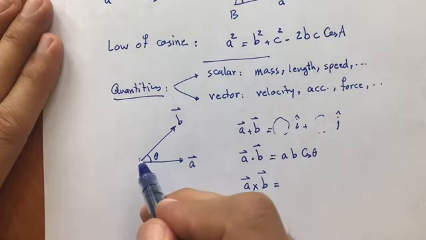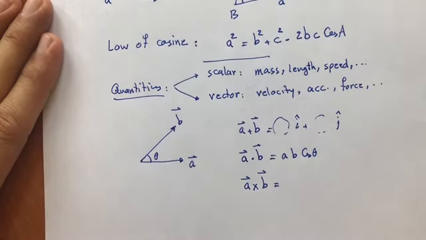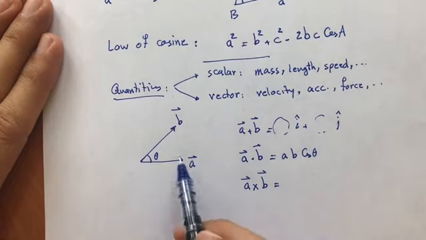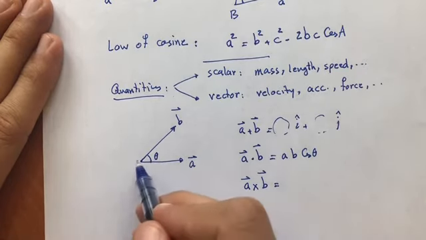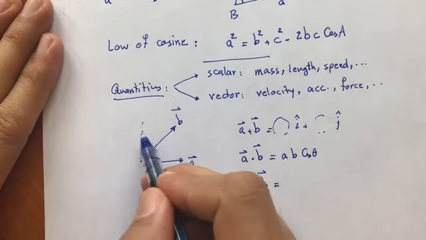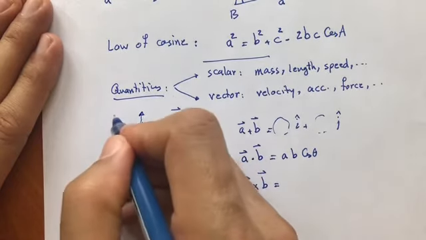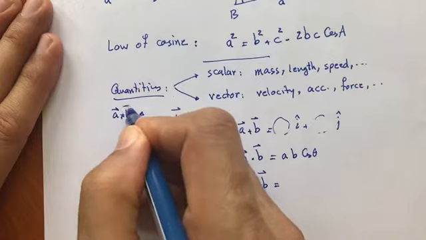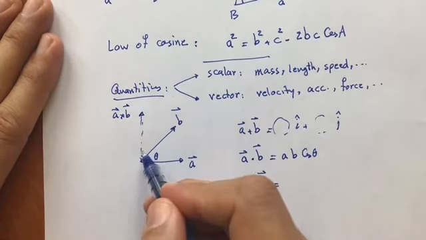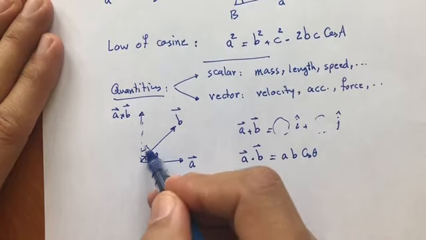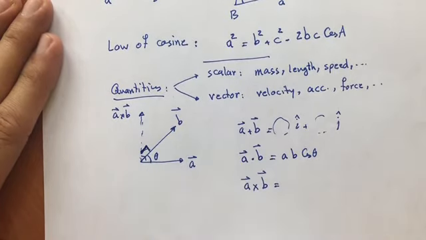And this new vector is going to be perpendicular to A and B. So if A and B are making a plane, the product of them is going to be perpendicular to that plane. So A cross B is going to be a vector which is perpendicular to A and also perpendicular to B, to both of them.